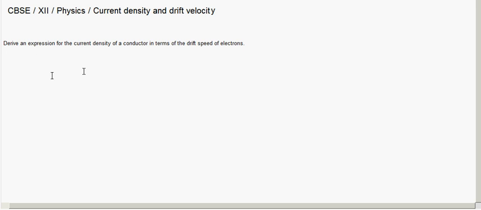So derive an expression for the current density in terms of the drift speed of electrons.